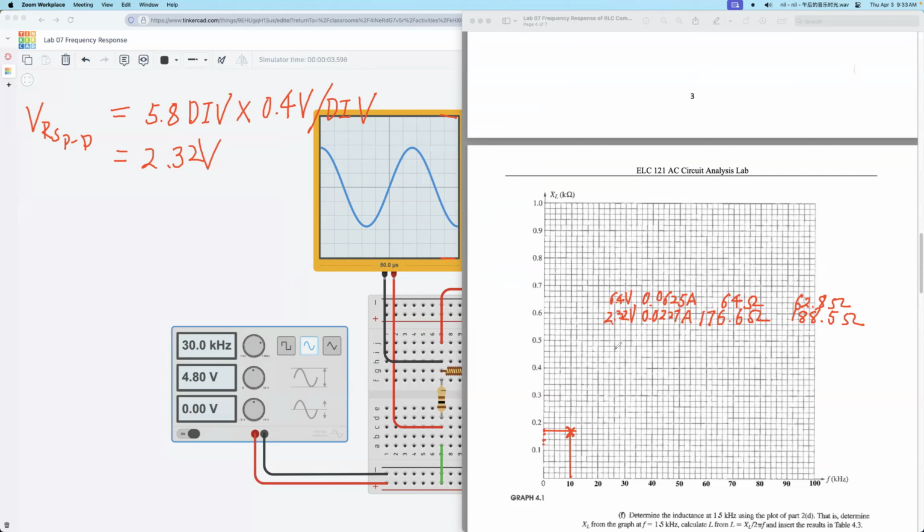Okay. Then the second point, it's 30 kilohertz. So it's here. The same. Draw a vertical line first. Then go up. I did something wrong. Sorry, I did something wrong.